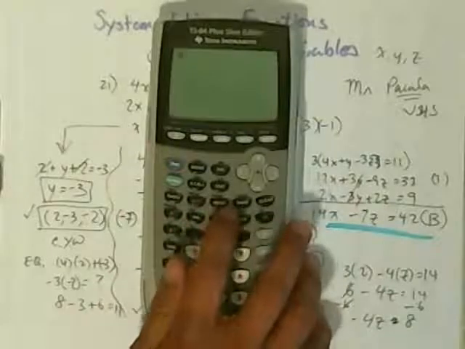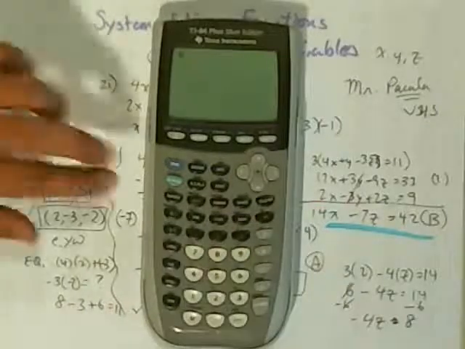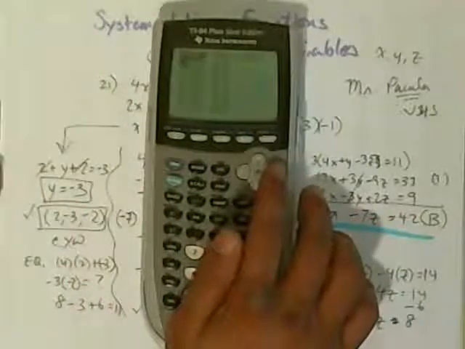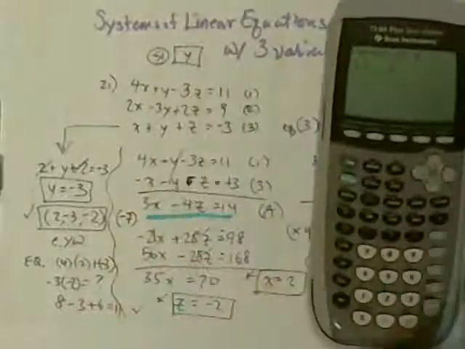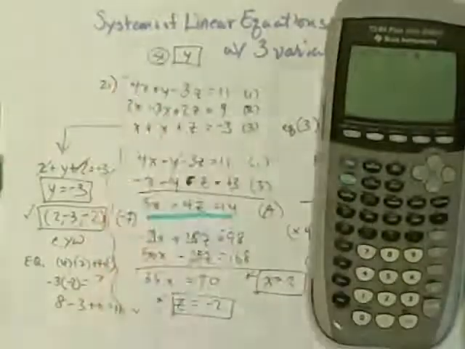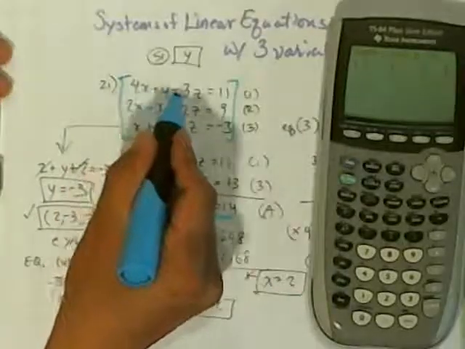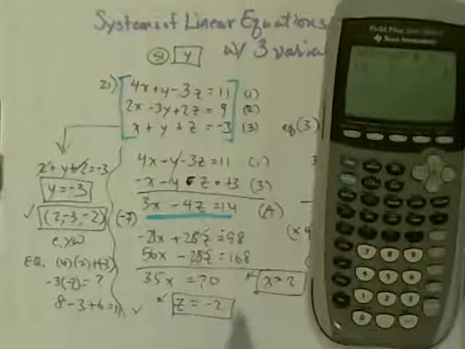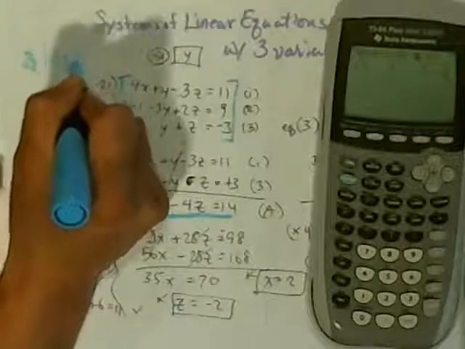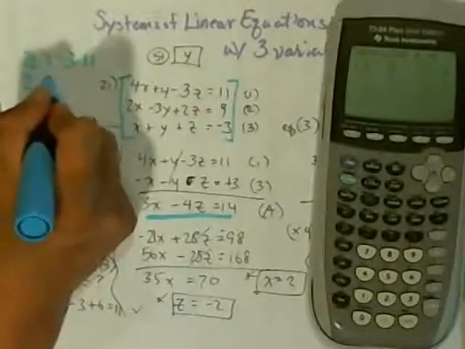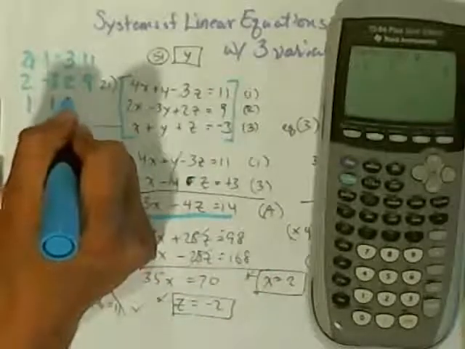So first of all, I'm going to go into the matrix, which is located right over here. I'm going to go into second matrix. I'm going to create or edit this matrix. The matrix here is going to be the coefficients of every single term. 4, 1, negative 4, 1, negative 3, and 11, 2, negative 3, 2, and 9, and 1, 1, 1, and negative 3.